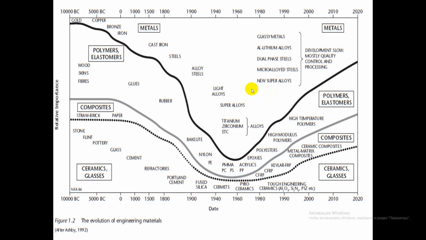So this figure illustrates the balance between the various material types over time. It's important to recognize that the figure shows the relative importance of the various material types and not absolute amounts.